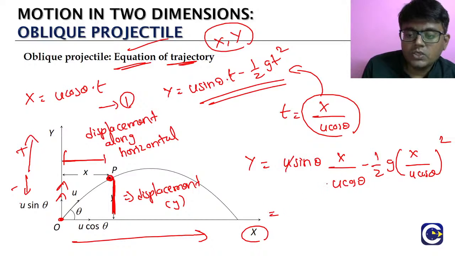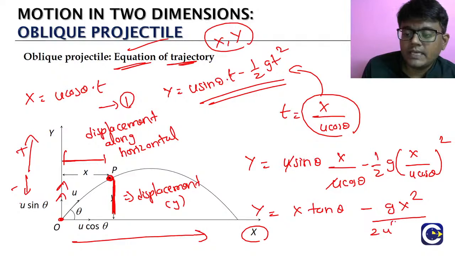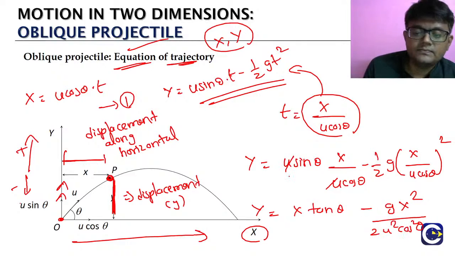Here u cancels, and sin theta by cos theta is tan theta. So y is equal to x tan theta minus g x square by 2 u square cos square theta.